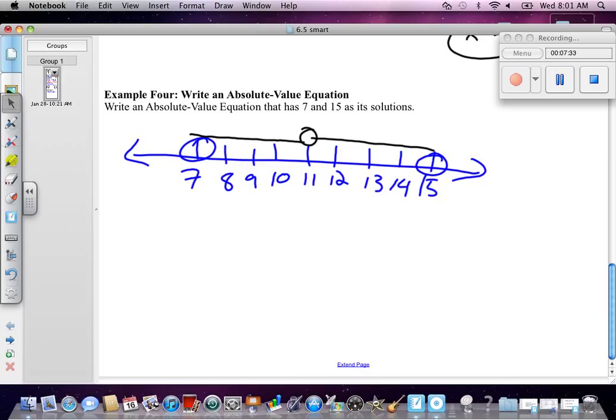So we know that the difference between the two to get to the middle is 4. And we know that the very middle of it is 11.